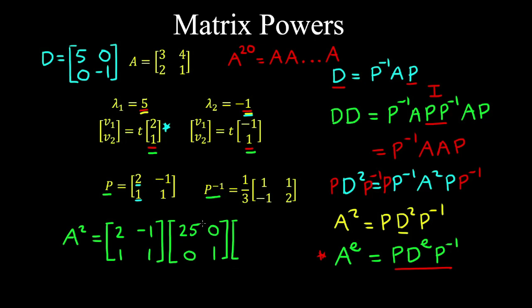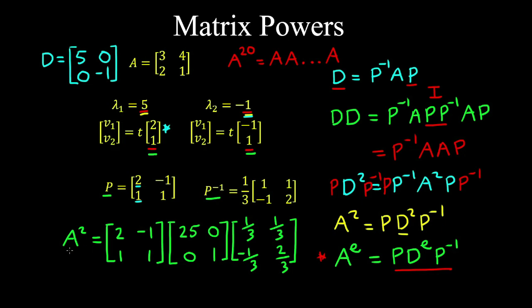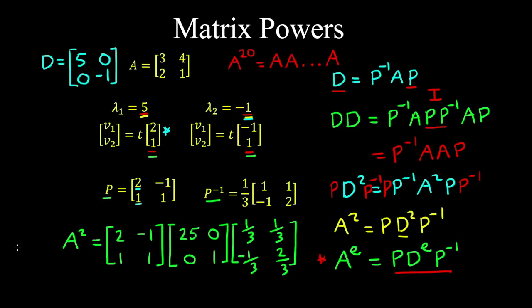And we multiply this by P inverse. And if you evaluate this product, you'll get the same result as multiplying A with itself. So I'll leave that for you to verify as an exercise.